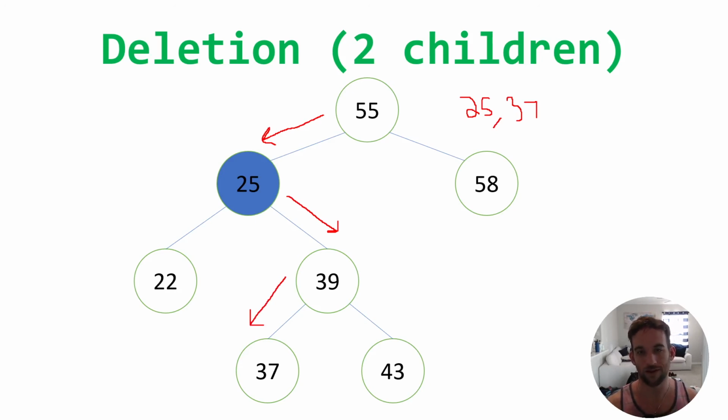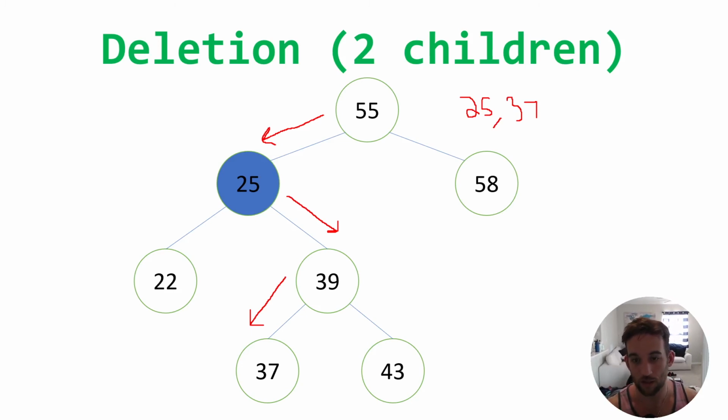You want to find the leftmost node in the right subtree. Now there is a case where, if you go to the right and 39 is the only node, then it's just 39. In the code, you'll check to see if you keep going left, but you want to find the leftmost node in the right subtree.